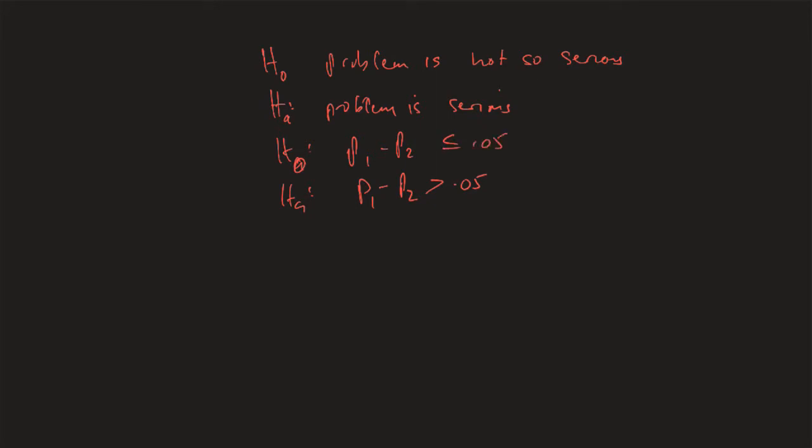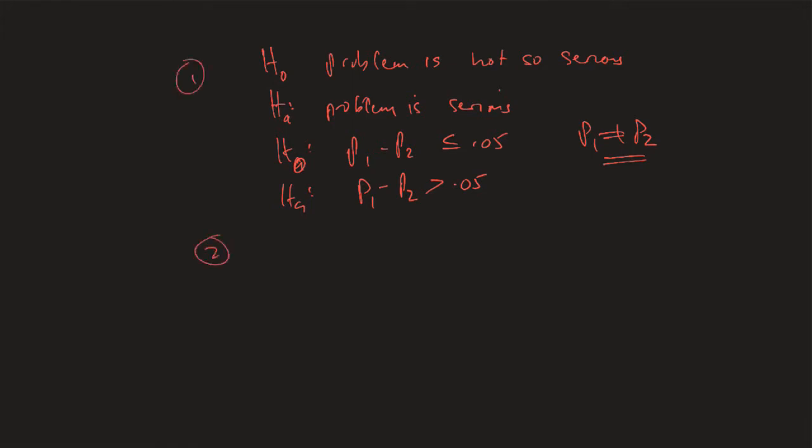So we basically have defined this as a serious problem if we can show that there's a gap of more than 5%. So in that situation now, P1 is not equal to P2. In which case, that's number one.